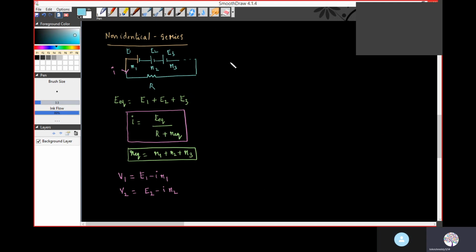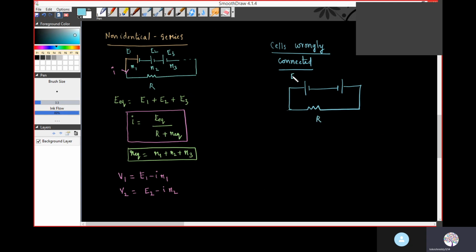Now here I will write wrongly connected cells. If you are connecting wrongly, like this, then you have a resistor R here, and this is E1 with internal resistance R1.